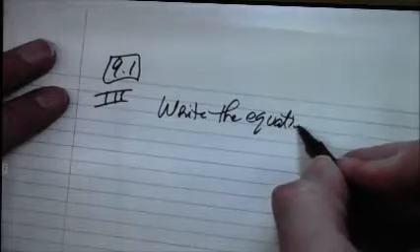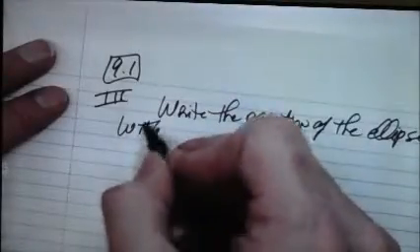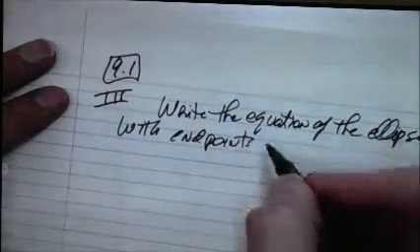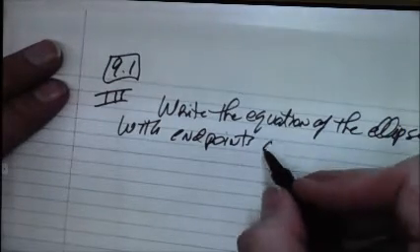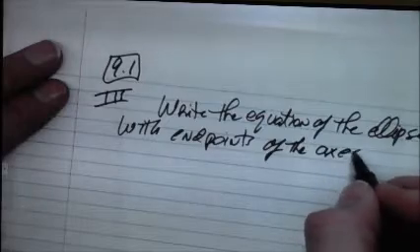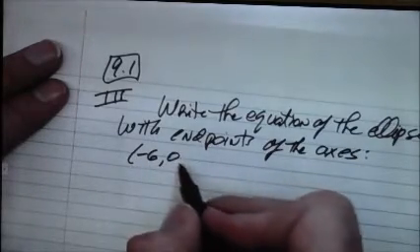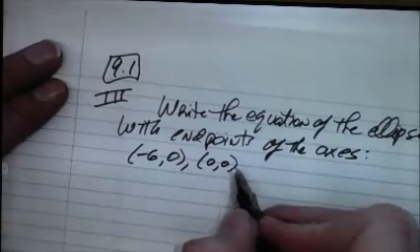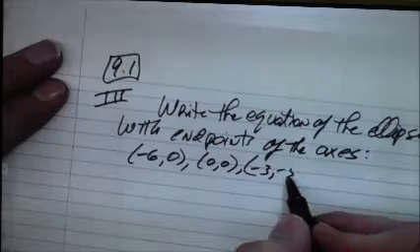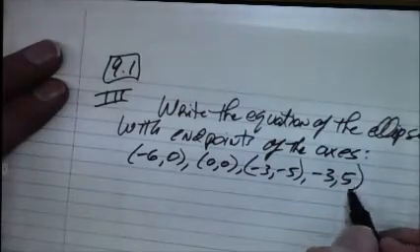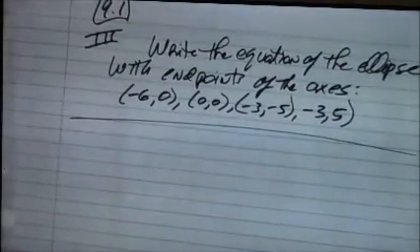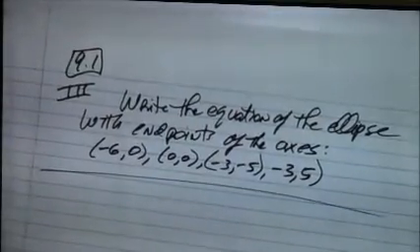Part 1: write the equation of the ellipse with endpoints of the axes -6, 0; 0, 0; -3, -5; -3, 5. Okay, that's enough information for us to get what we need.